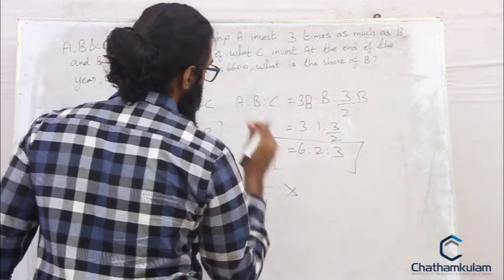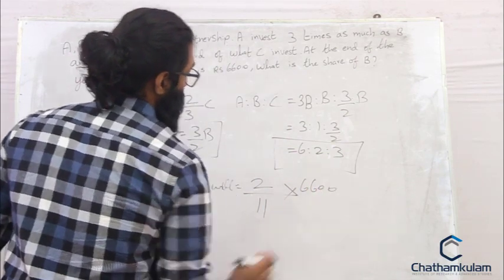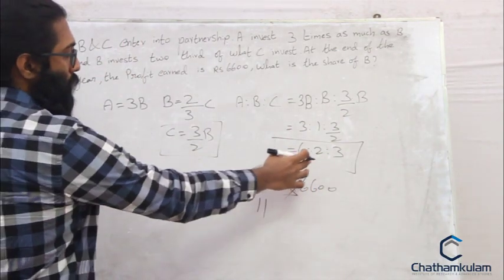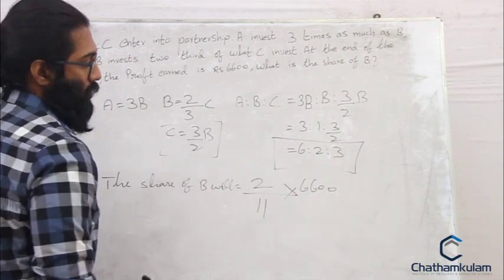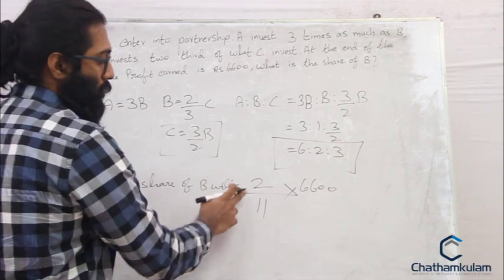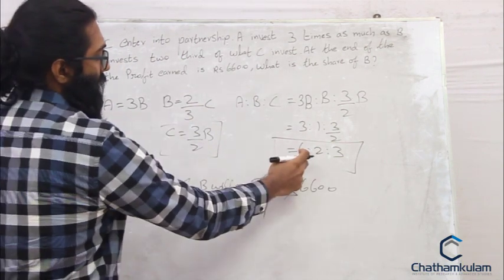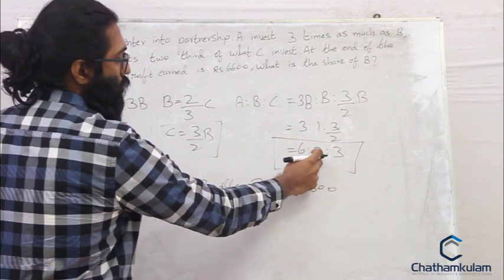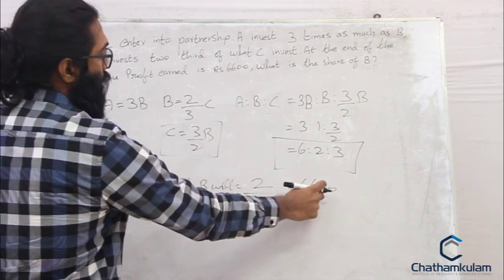What is the amount of profit? That is 6,600, right? So the share of B is 2 divided by 11, where 11 is 6 plus 2 plus 3, into the profit amount.